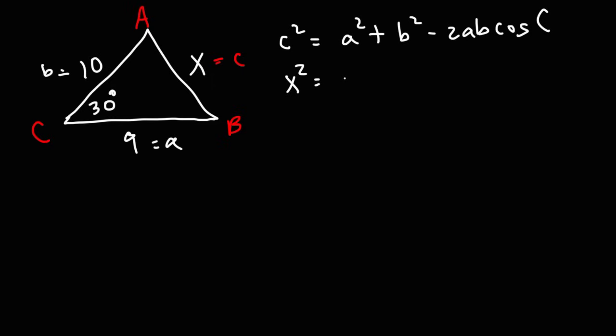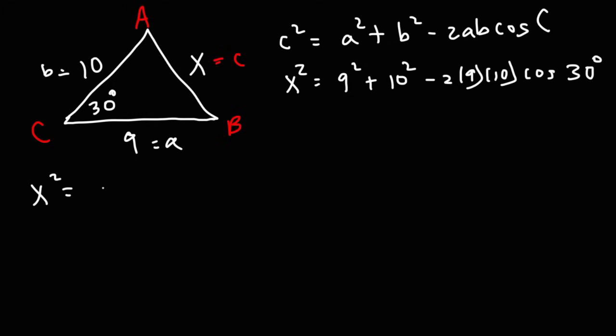So this is going to be 9 squared plus 10 squared minus 2 times 9 times 10, and then times cosine of the angle C. That's cosine of 30. So 9 squared is 81, 10 squared is 100, and then 9 times 10 is 90, times 2, that's 180. And then cosine 30. Cosine 30 is equal to the square root of 3 divided by 2, or 0.8660254.